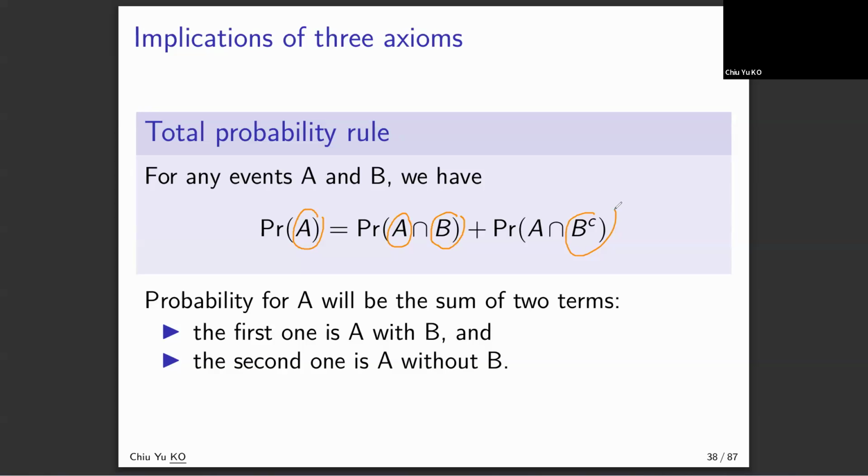It's a good stock. B complement means the stock is a lousy stock, right? If a good stock, then you can say the probability of going up is very likely, right? If lousy stock, then it will be very unlikely to go up. Then you can do this decomposition, then you can easily calculate things.